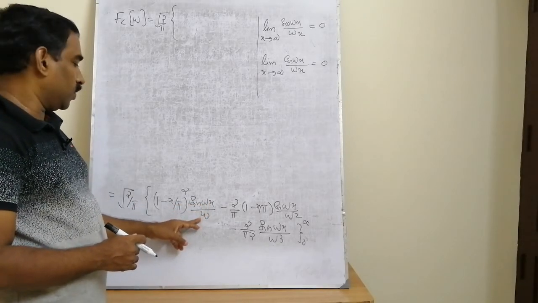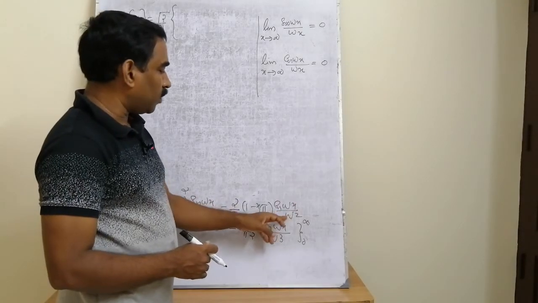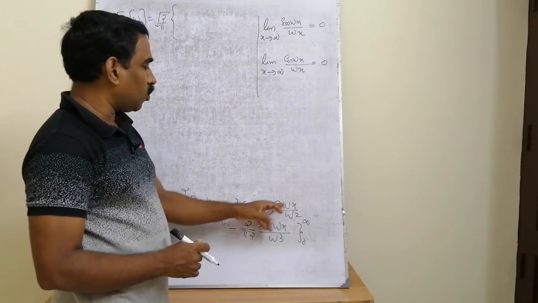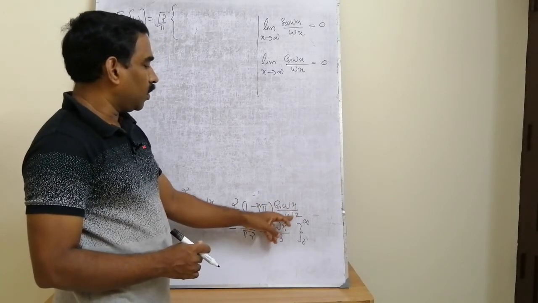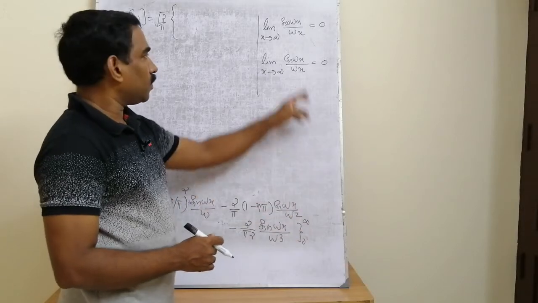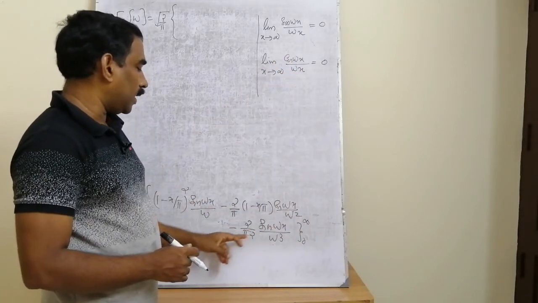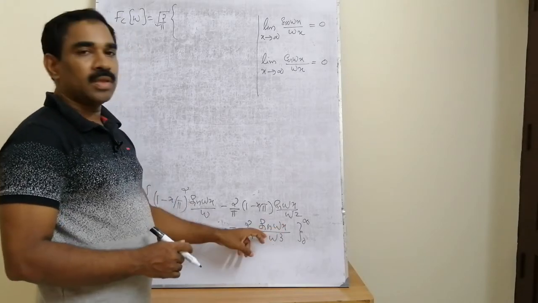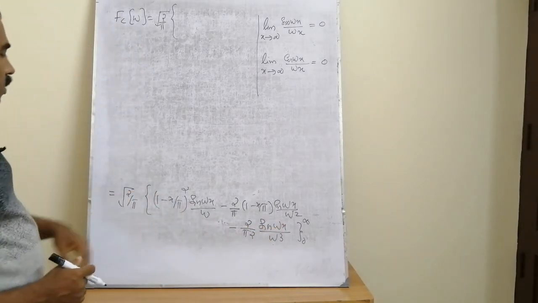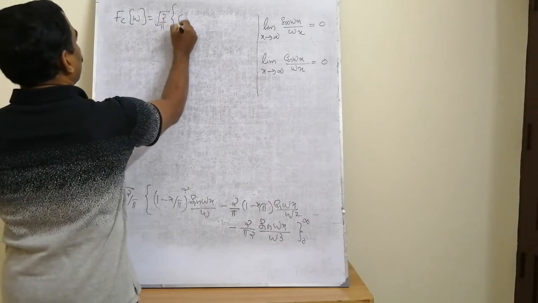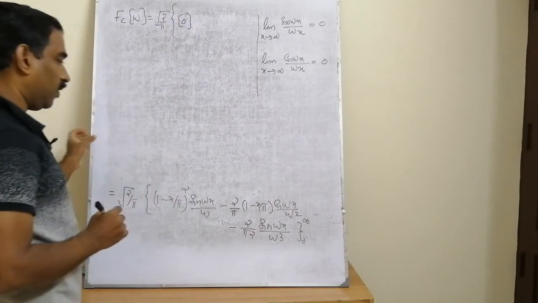That part goes to 0. So cos omega x by omega square, we can rewrite as cos omega x by omega x into 1 by omega into x. So limit as x tends to infinity of cos omega x by omega x again goes to 0, and the same concept is applicable for the third term. So all these three terms go to 0 in the upper limit as x tends to infinity.